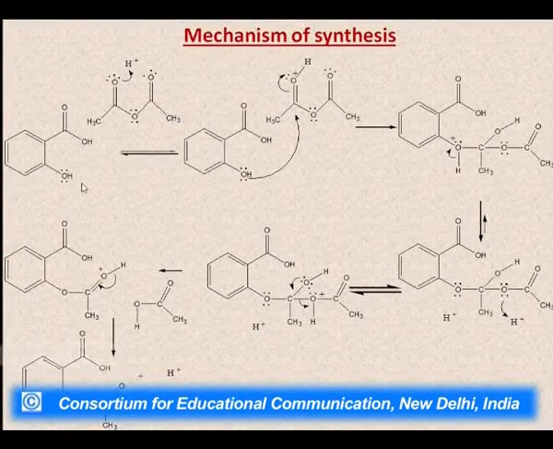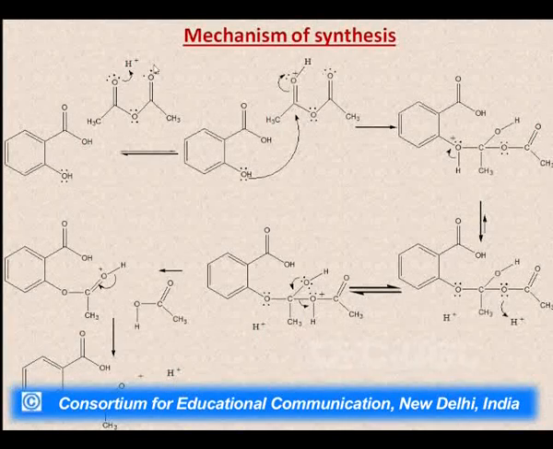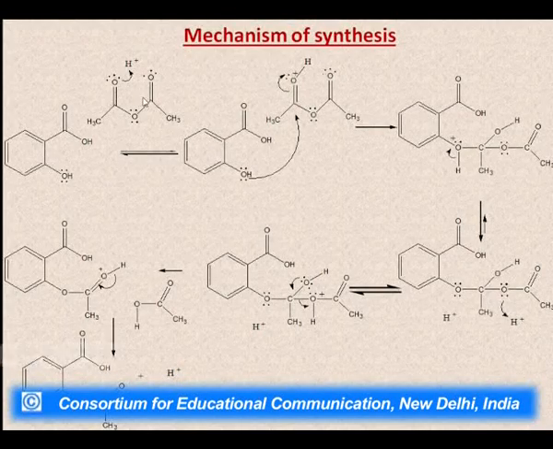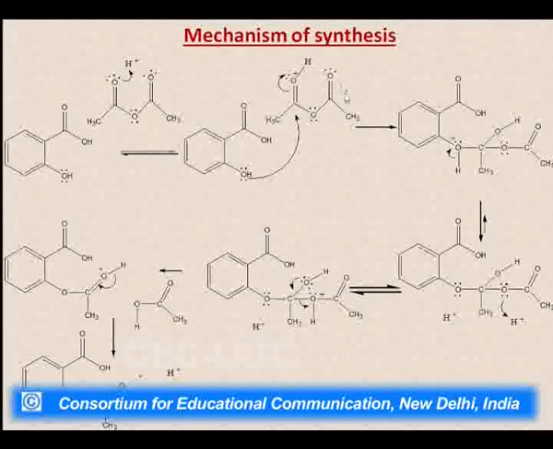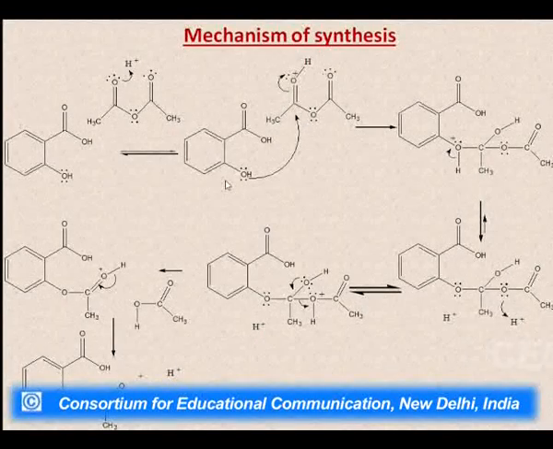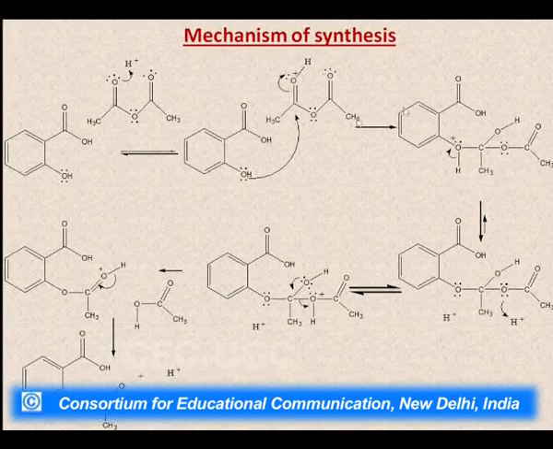Here we have shown you the mechanism in equation form. This is the salicylic acid, this is the acetic anhydride, and this is the acidic medium. The acidic medium first protonates the acetic anhydride and increases the electrophilicity of the anhydride group. Then the salicylic acid acts as a nucleophile and attacks the protonated acetic anhydride, and it forms an intermediate structure which is in reversible rearrangement with the next structure.